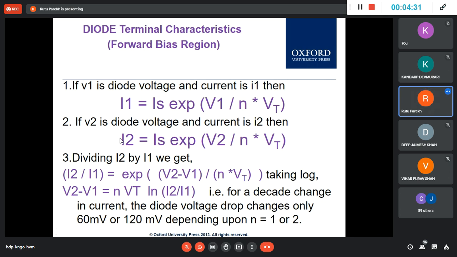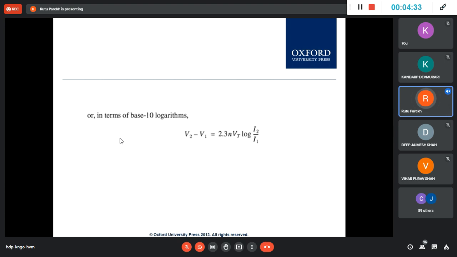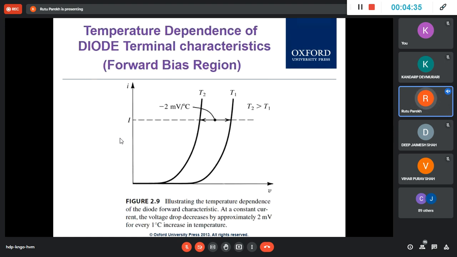So this is one equation that you will use in problem solving, and this graph shows the I and V with respect to temperature. So with rising temperature, let's say T2 is greater than T1, then will more current flow or less? Who will tell me?